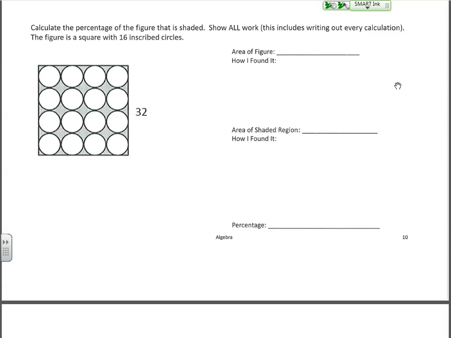So the white part here is made up of 16 circles, and the area of a circle is pi times the radius squared. There is enough information here, just knowing the side length of the square, and the fact that all these circles are congruent, or the same size, means there is enough information to get the diameter and the radius of one circle.